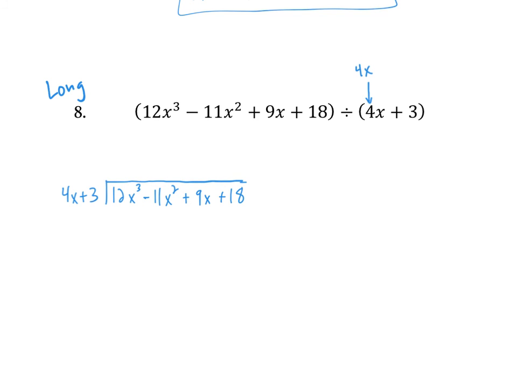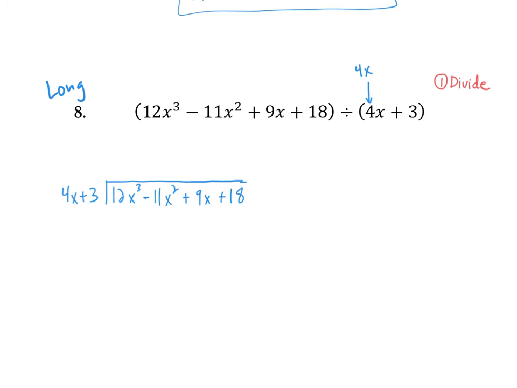So first step, I'll put it over to the side here. First step, divide. But what do you divide? Every single time for this problem, we're going to be dividing by 4x. And you always do just the first thing here divided by 4x.